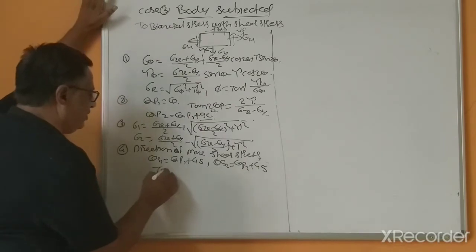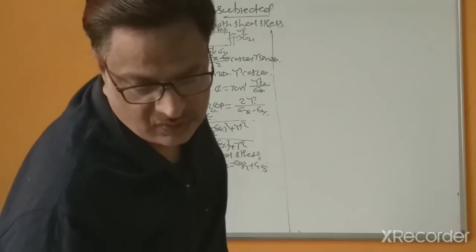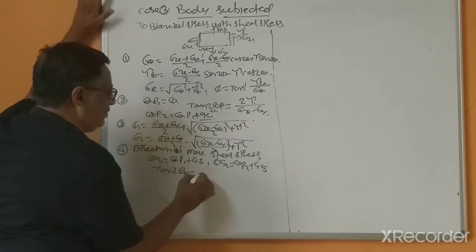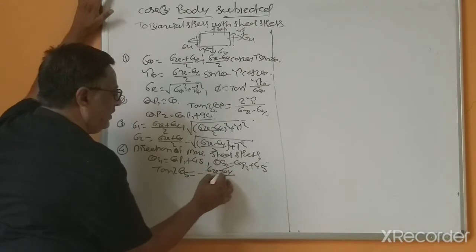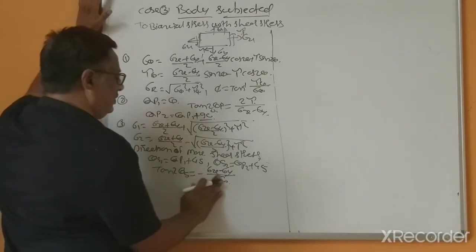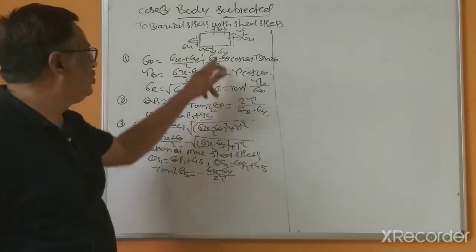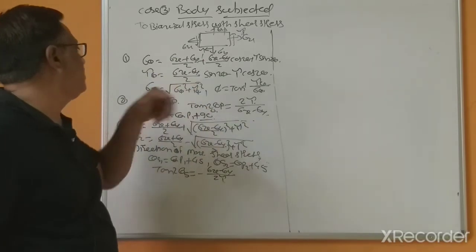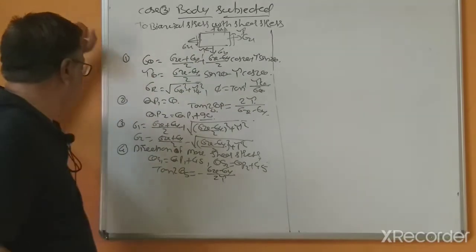Otherwise, tan 2 theta S equal to minus sigma x minus sigma y divided by 2 tau. Here tau is the only given shear stress, and tau theta is the tangential shear stress, or the shear stress on the oblique plane.